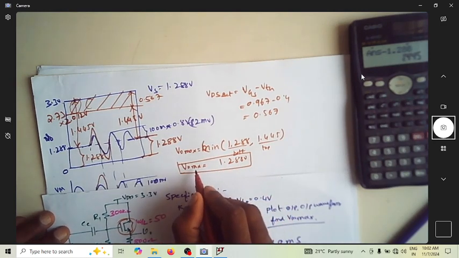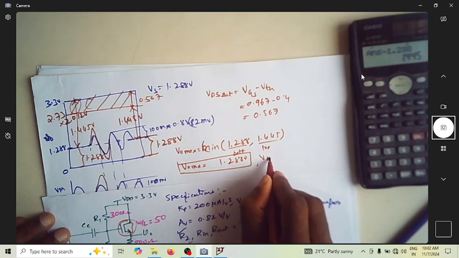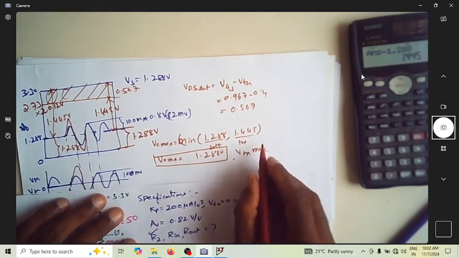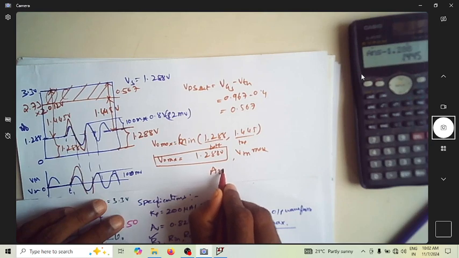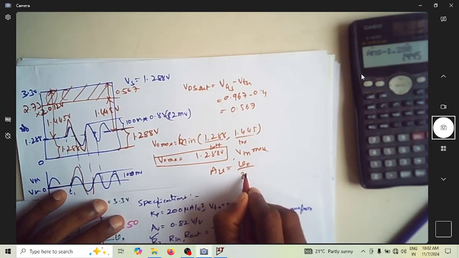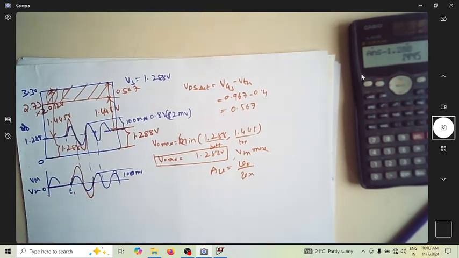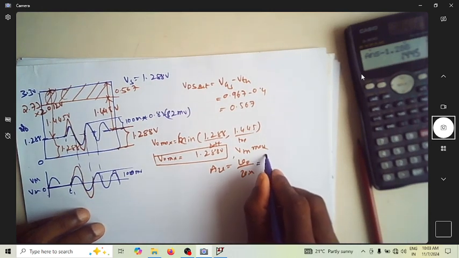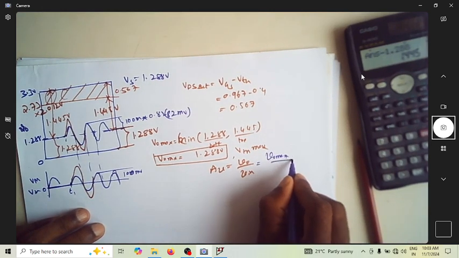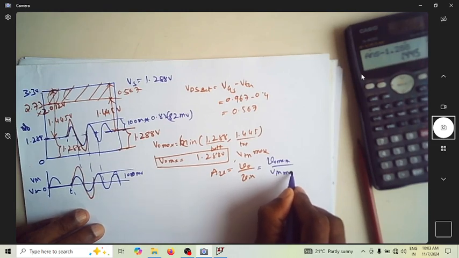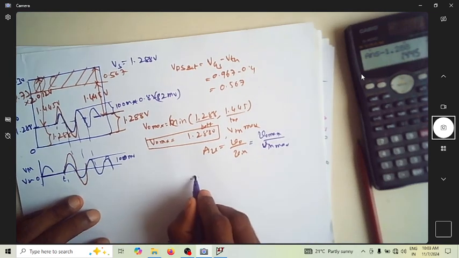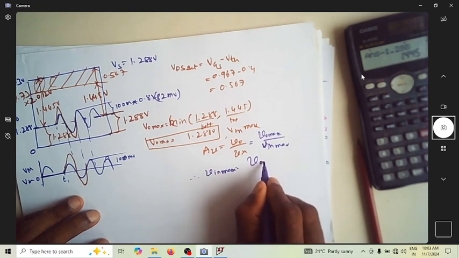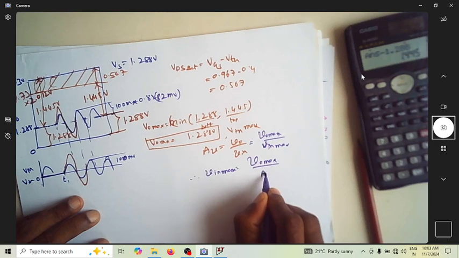Now if this is V0 max, then what is V in max that is possible? We can find it from AV equal to V0 by V in, so we write this as V0 max by V in max. So V in max is equal to V0 max by AV.